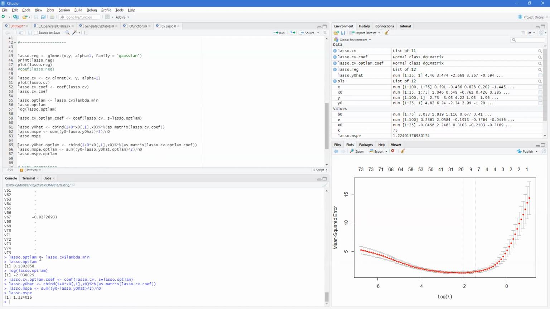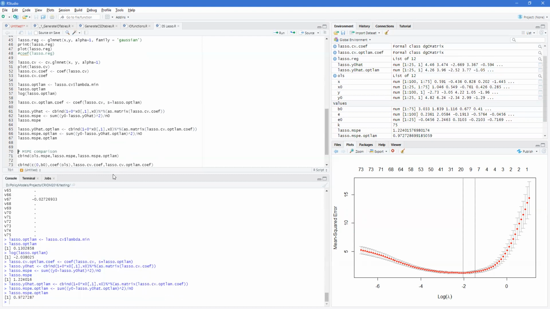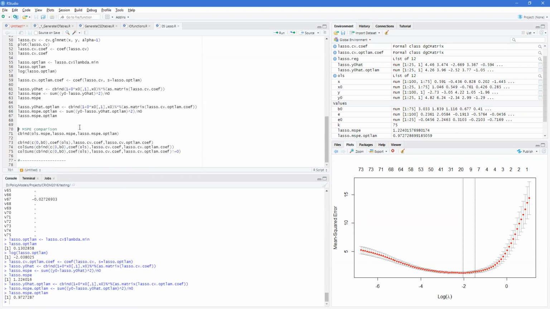We can see that it's 1.12. And we can see that the optimized one is much smaller because it's optimizing based on this model. So our mean squared predicted error is much smaller.